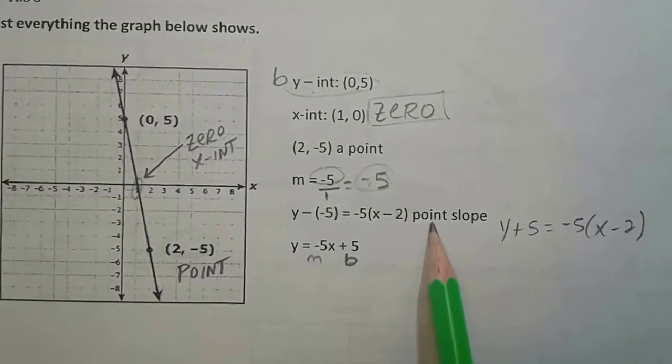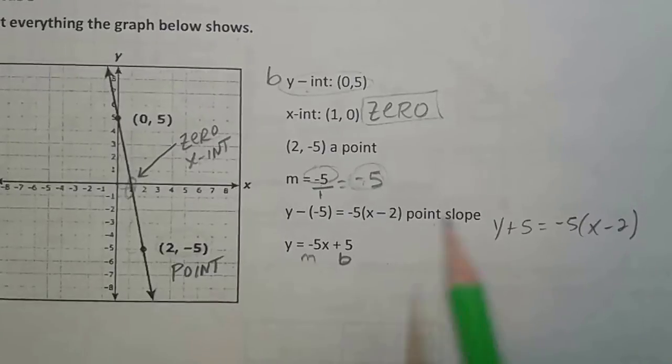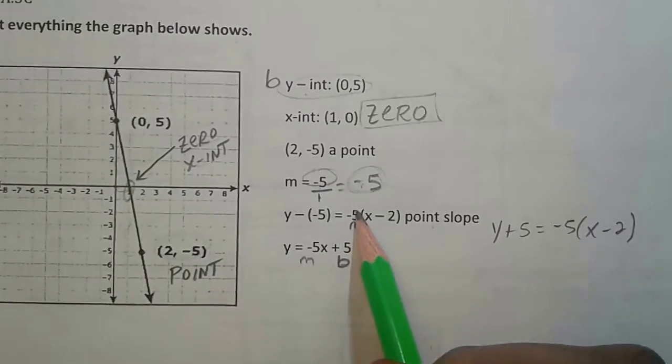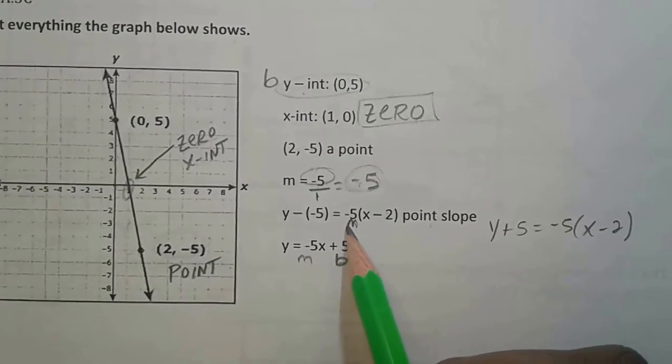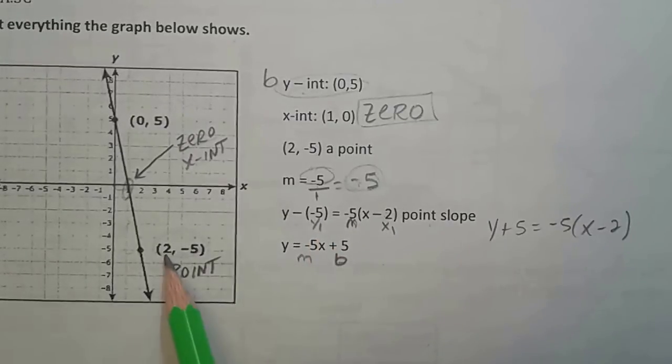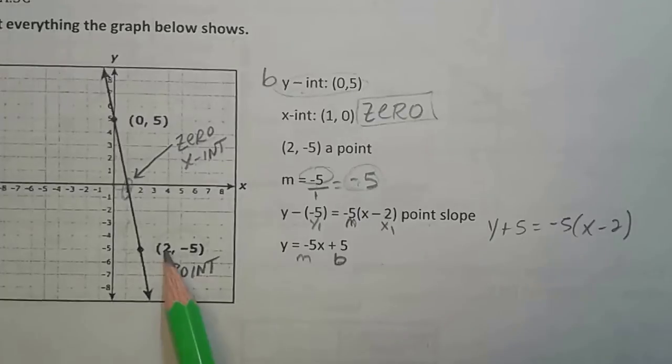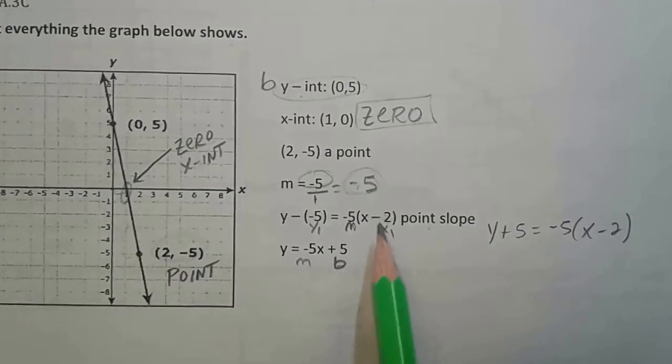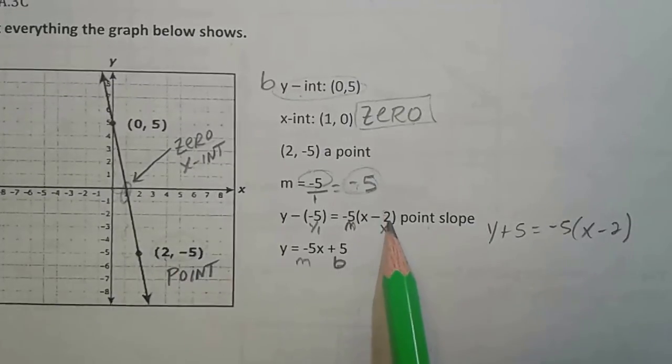Now, what is this? This is point-slope. How do I do that? I take the m and plug it in front of the parentheses. I take a point and plug it in. So 2 would go here because 2 is positive and the formula comes with a negative, so just leave it minus 2.